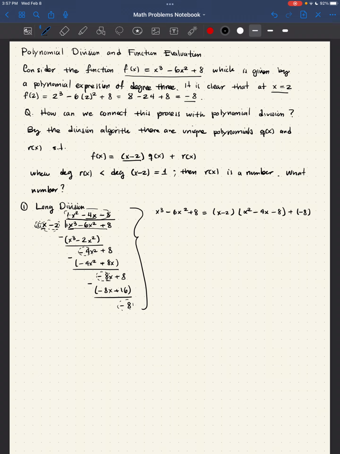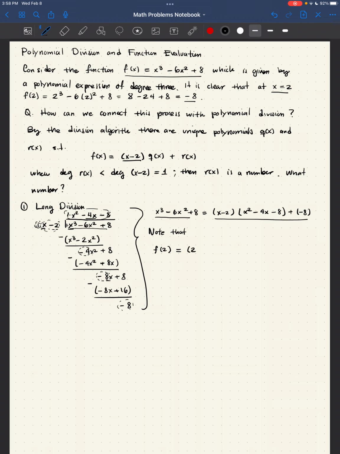Okay, but now note that when we perform the evaluation at 2, we already know what the value is supposed to be. But now we have further justification. Because look, all that happens is that I make a replacement not in the original expression, but in the one that we obtained from the polynomial division.